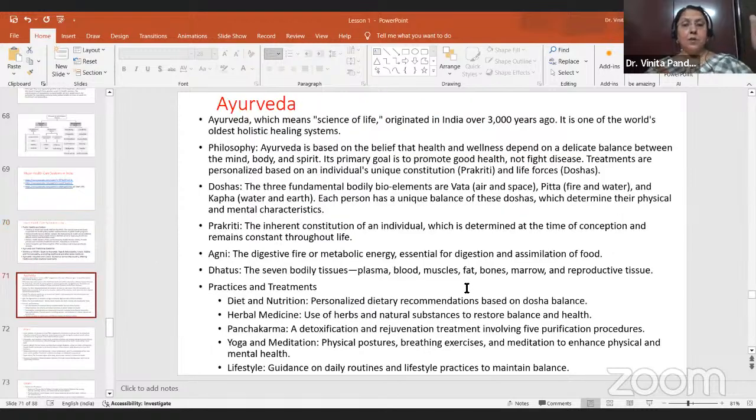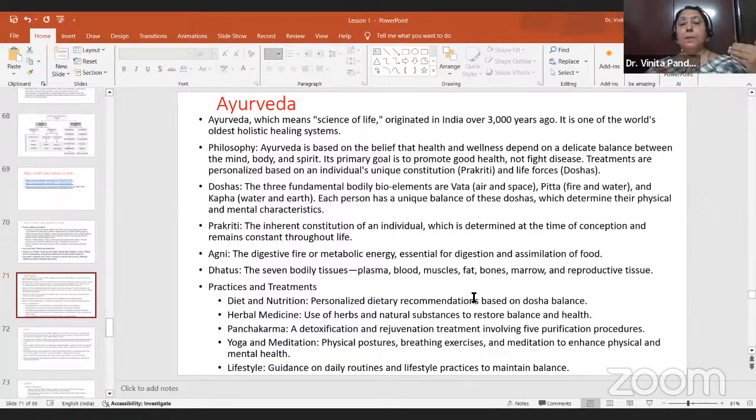And I was talking about, so a little more information about Ayurveda, because this is one of the oldest and most traditional methods. Ayurveda has been considered the science of life. It is a holistic healing system, which I just now mentioned. And what is the philosophy behind Ayurveda? It is based on the belief that both health and wellness depend on balance between mind, body, and spirit.